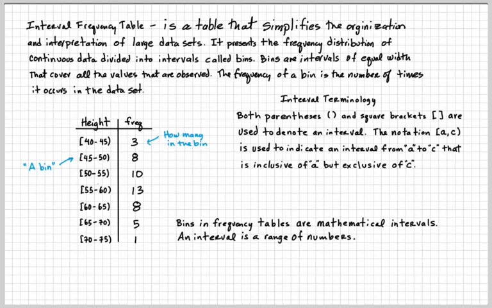And then there's these interval terminologies that you need to think about, right? Why does it have a bracket? Why does it have a parentheses? Well, if you have a number, again, 50 through 55, 50 means you include 50, but here, this 55 you don't.